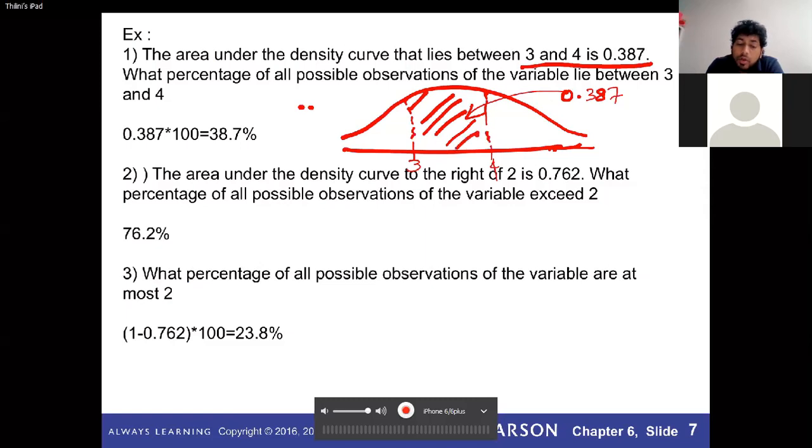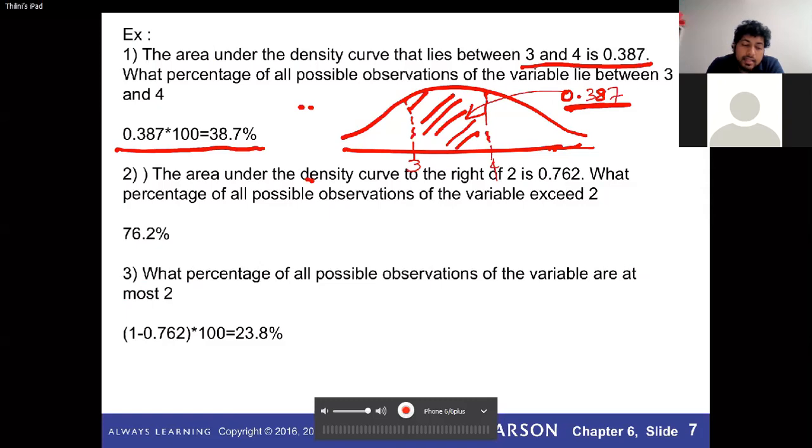They have given the area, and remember that area and probability are the same thing, because we are dealing with area as probabilities. So the area 0.387 means the probability is 0.387. They ask for the percentage. How can you convert this probability to a percentage? Multiply by 100. So 0.387 multiplied by 100 is 38.7%. Clear?